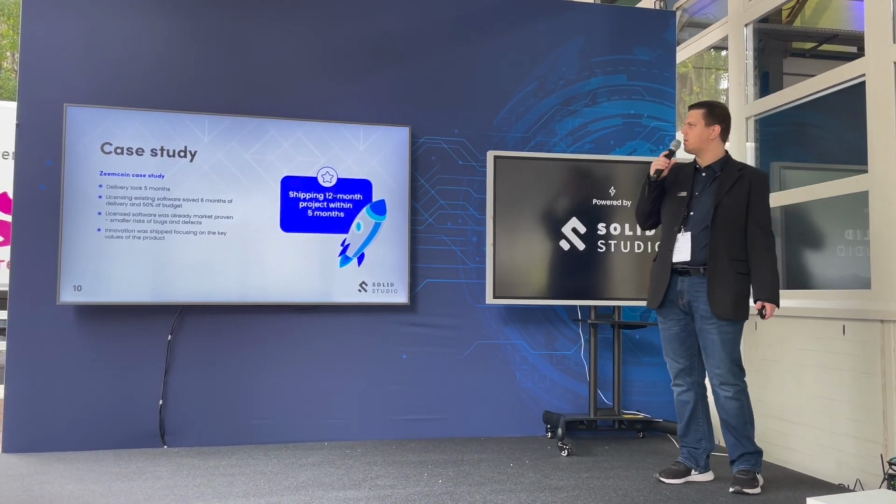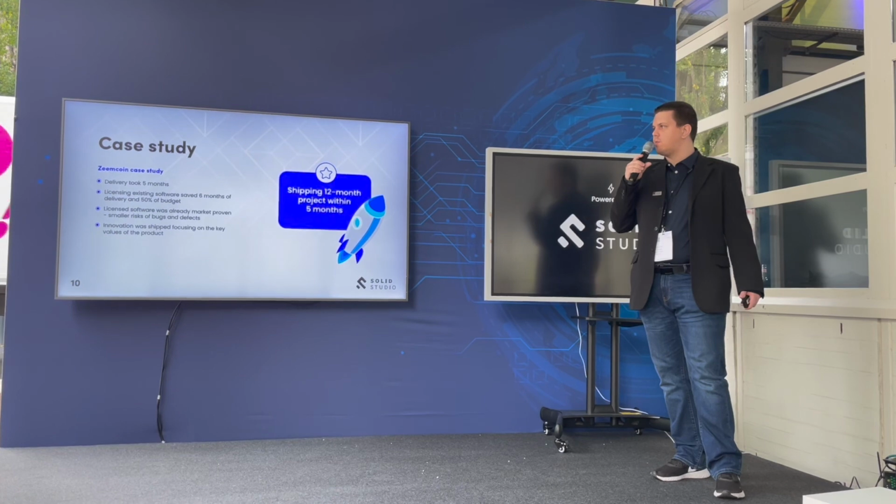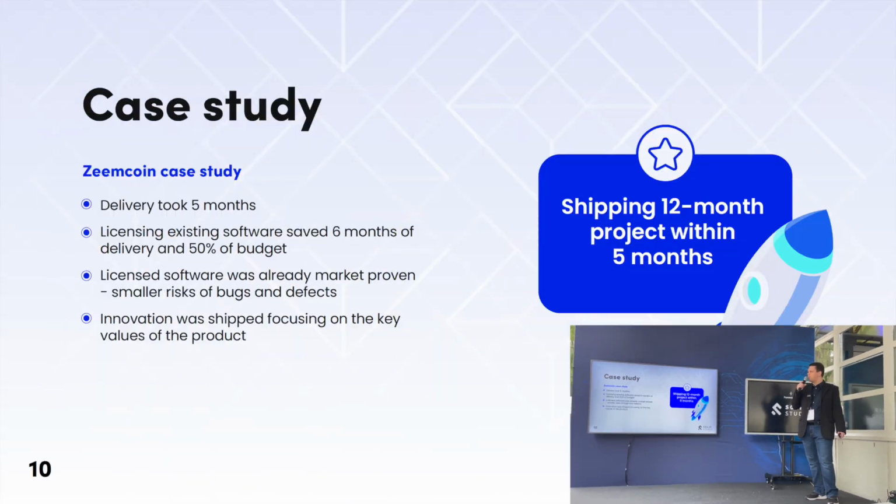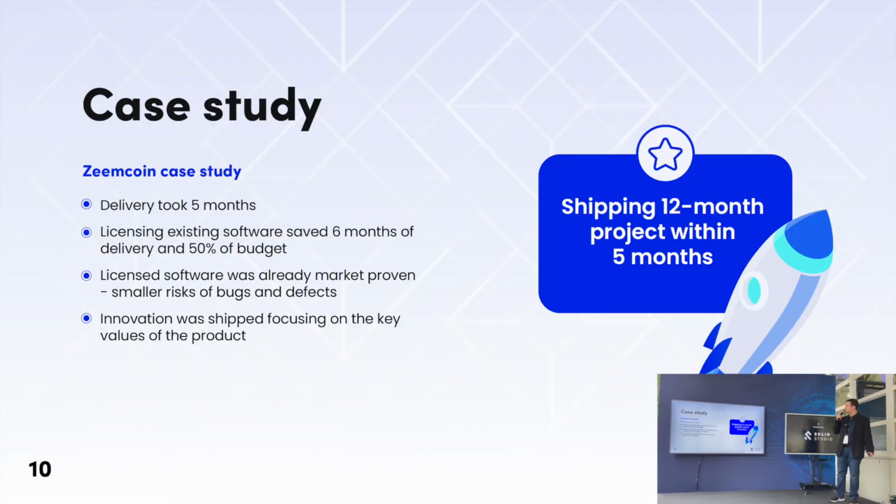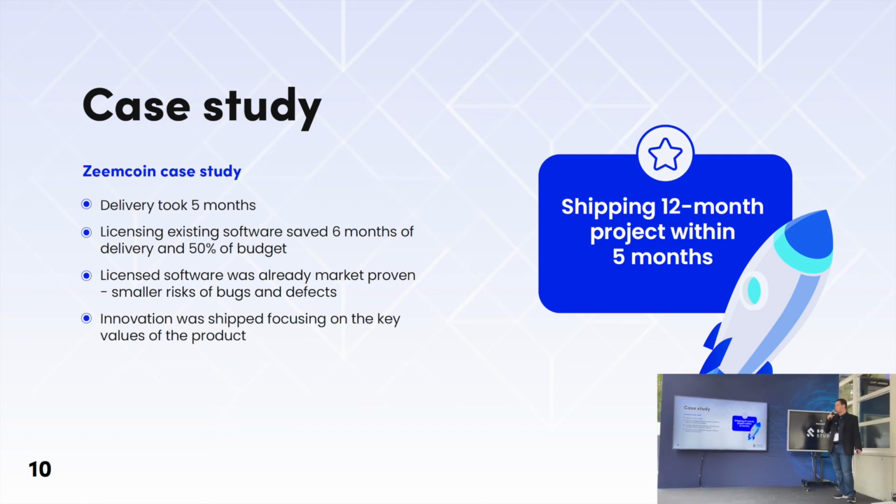And in our case, the initial estimations were somewhere around 12 months of work, but with using our products, we were able to take it down to 5 months of development, and we saved over 50% of the budget. Since we were using our licensed application, we already knew that it was battle proven because we have used the same components in the past.